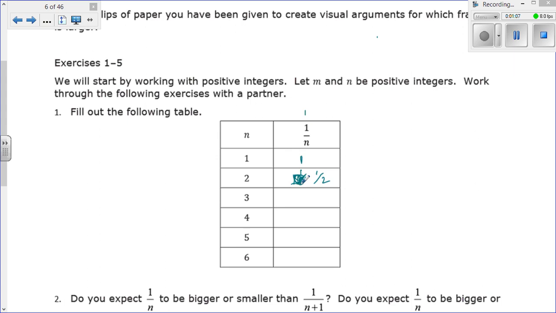Then when I put 3 in for n, I have 1 third. When I put 4 in for n, I have 1 fourth. When I put 5 in for n, I have 1 fifth. And when I put 6 in for n, I have 1 sixth.